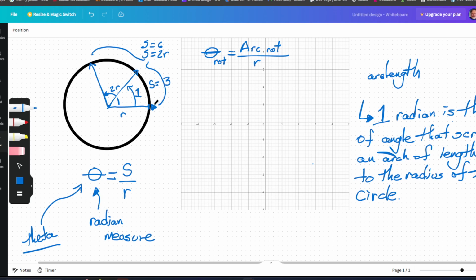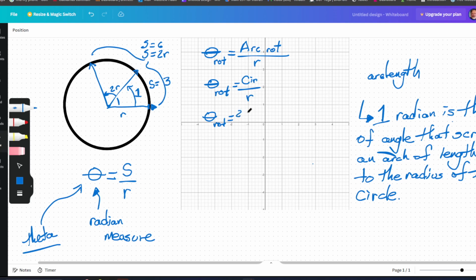Well, we know what the arc length of a full rotation is because we know what to call that. The arc length of a full rotation is the circumference of our circle. So that circumference in ratio to our radius is going to be our angle measure of a full rotation in radians.